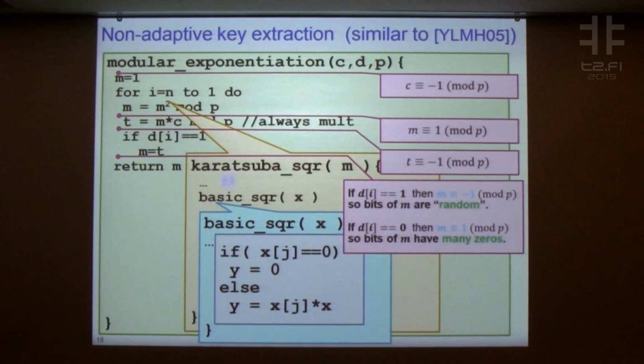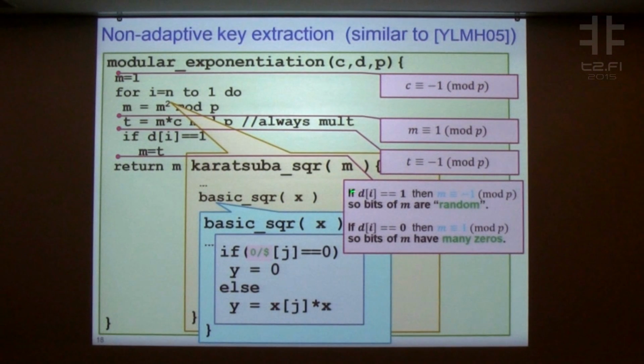So once again, I'm not going to bother you with the exact details of the recursion, but the important thing is that this recursion preserves the form: if m had a lot of 0 words, then the input to the squaring routine is going to have a lot of 0 words. And if m had random bit structure, then the input of the basic squaring routine is going to have random bit structure. So this either a lot of zeros or random structure travels to the basic squaring routine, reaches our favorite if.